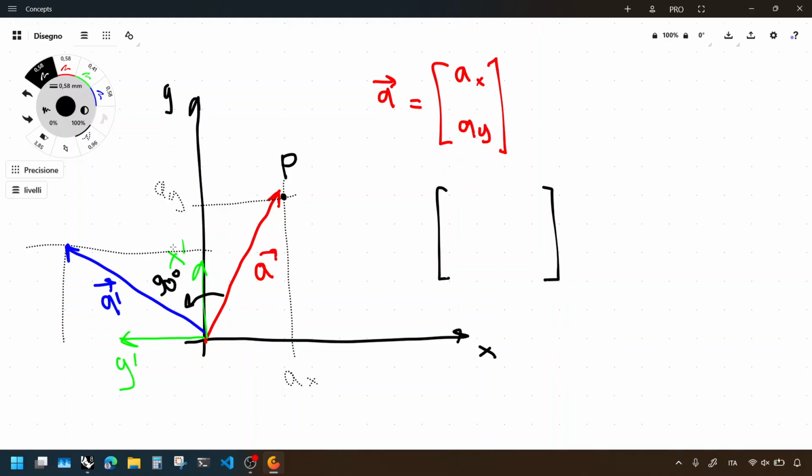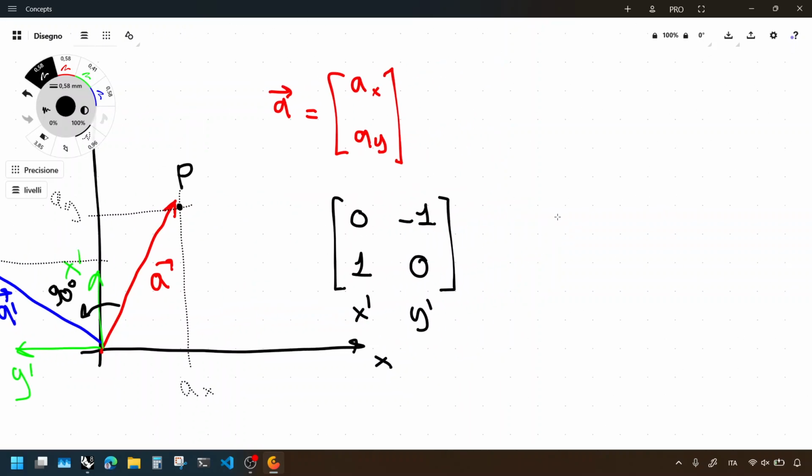The new x vector, in the original coordinate system, is 0 in x and 1 in y. And then the new y vector in the original system is x minus 1, and y 0. So this matrix describes our rotation by 90 degrees counterclockwise.